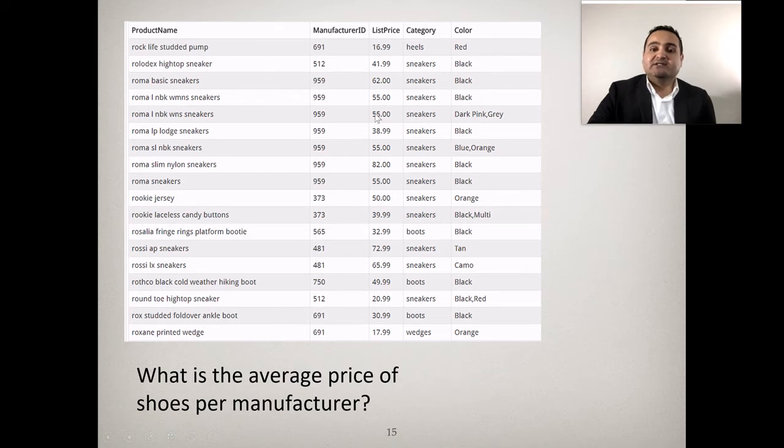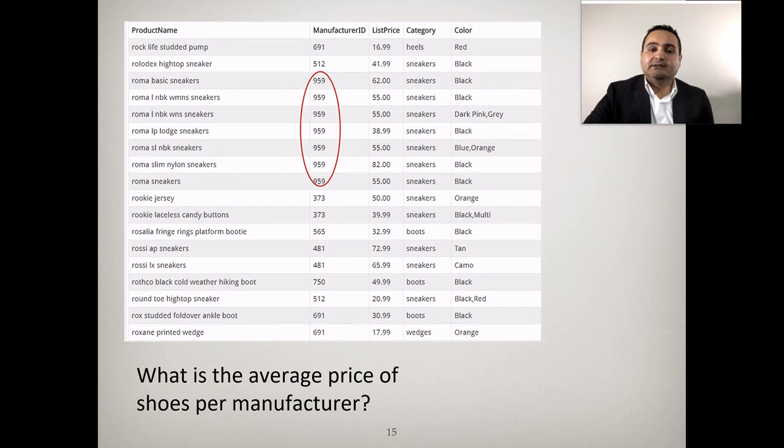So in this case, this is what we mean here. We will put the manufacturer ID in the first column. In front of each manufacturer ID we will have the average list price. So this is how we will write it.